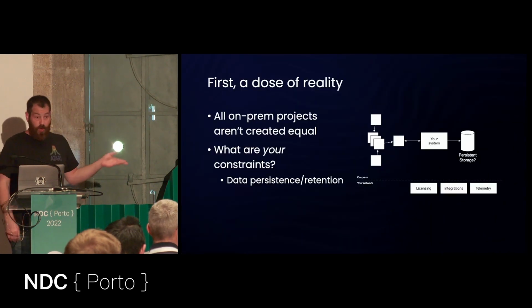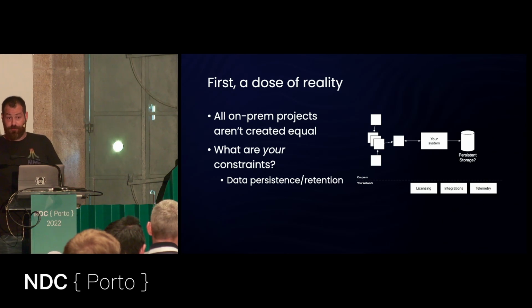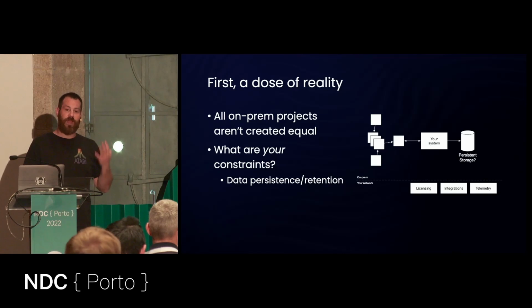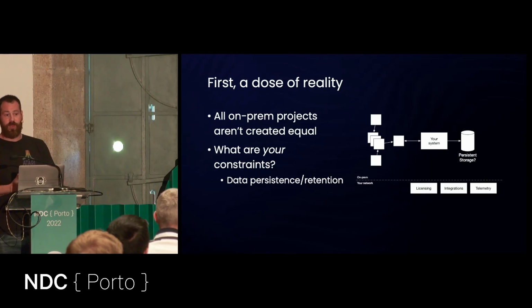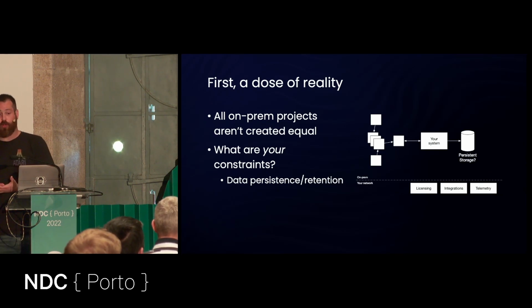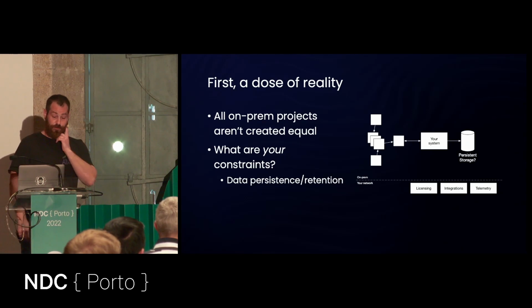So not all on-premise software projects are created equal. There are varying levels of complexity, and there are 4 major design constraints that you have to know ahead of time in order to know how to put together a workable, acceptable solution for your deployments.